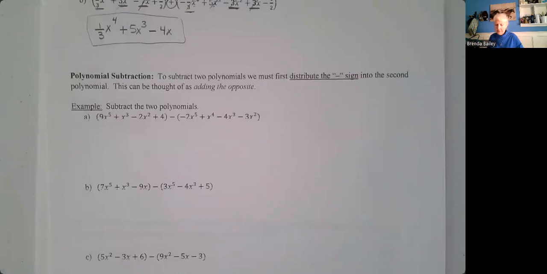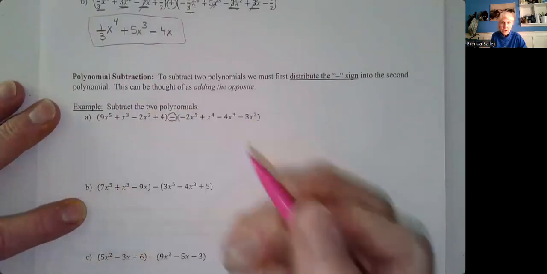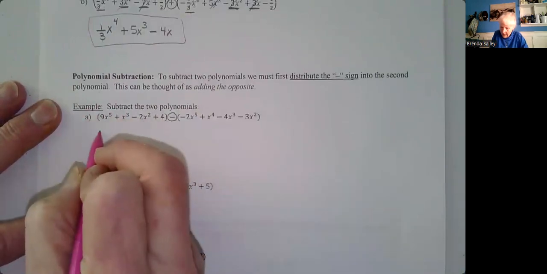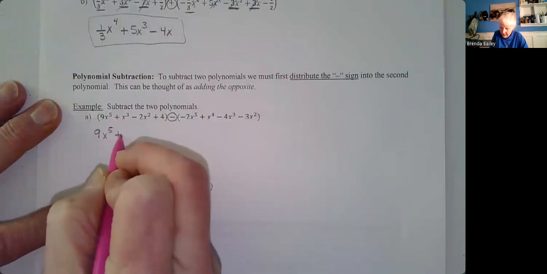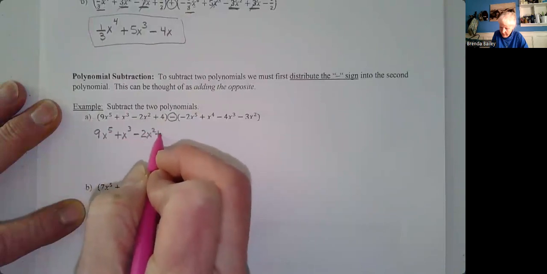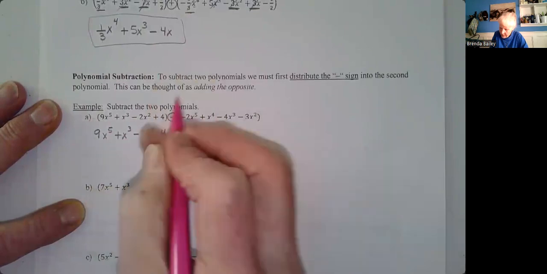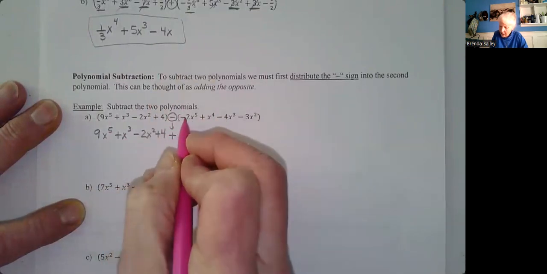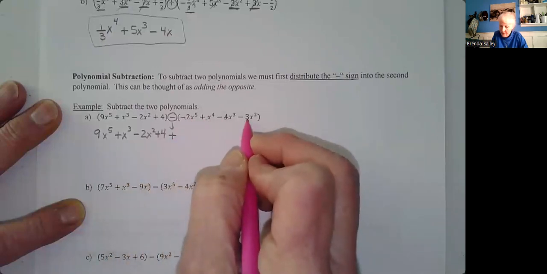If there is a subtraction, you leave the first one alone, because there's not a subtraction out here. Plus x cubed minus 2x. Okay, we're going to rewrite this one. This becomes a plus, and you change all of the signs in the following parentheses.